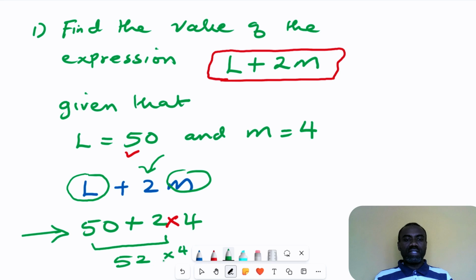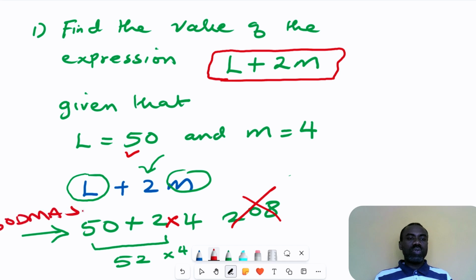If you do that, you are going to get 208. But that will not be correct because you have not carried out the multiple operations in the right order using the acronym BODMAS. Okay, so you have to do it in the correct order.